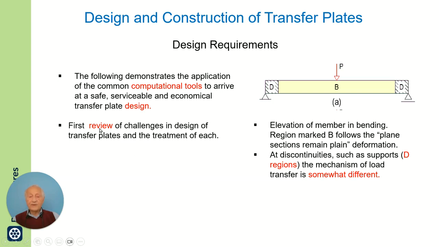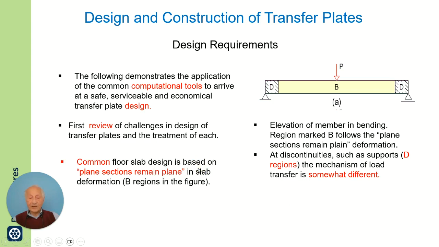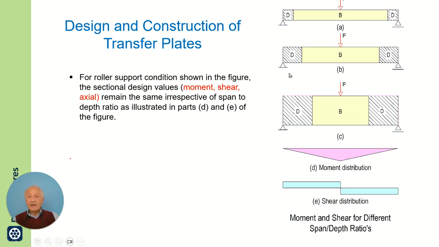So I first review the challenges in design of the transfer plate. Common floor design is based on plane sections remain plane. This is region B. For the roller support condition shown in the figure, I have a roller support.